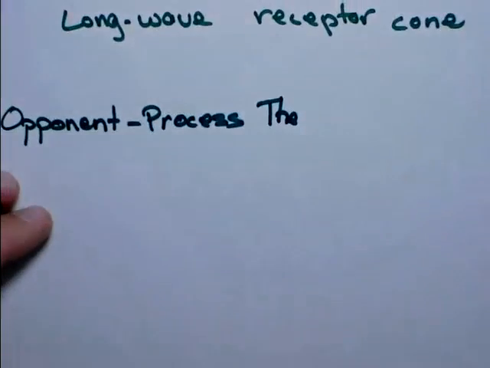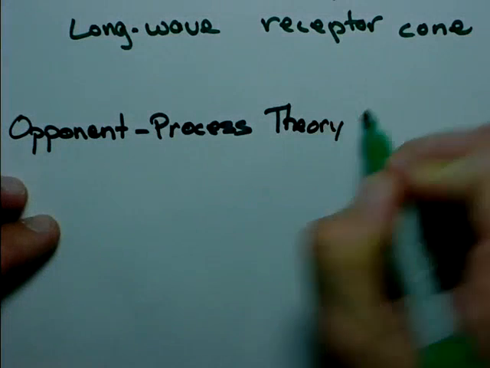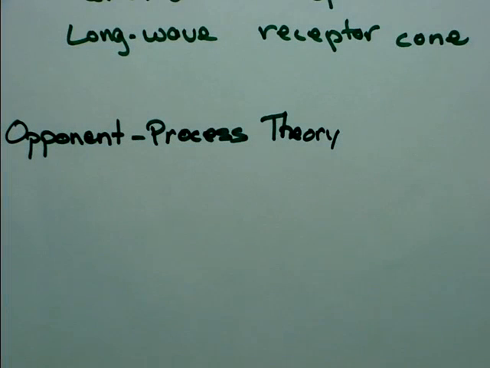Why? Because the opposite of yellow is blue, the opposite of black is white, and the opposite of green is red. The opponent process theory suggests that we see by several opponent processes.